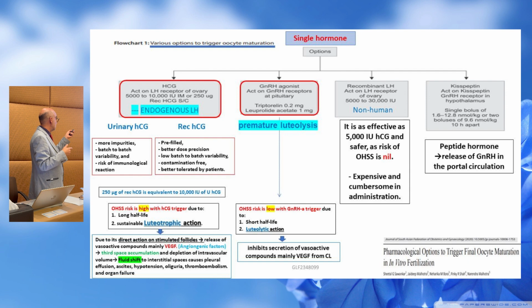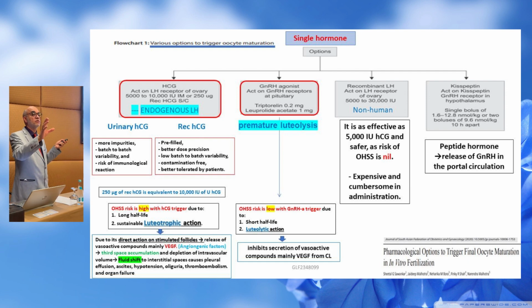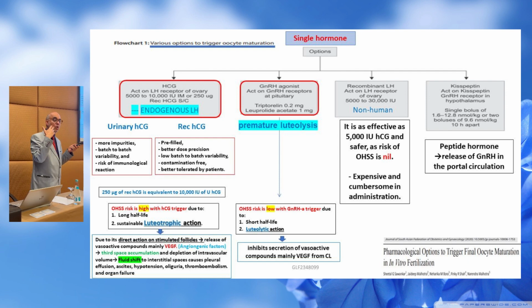So the first is HCG is causing luteotrophic effect, increased duration of LH secretion, and this is good, but it has a deleterious effect, which is ovarian hyperstimulation, because it will lead to increased vasoactive substances like vascular endothelial growth factor, which lead to fluid shift from the intravascular volume to the interstitial volume, leading to ascites, pleural effusion, hypotension, thromboembolism, and organ failure.